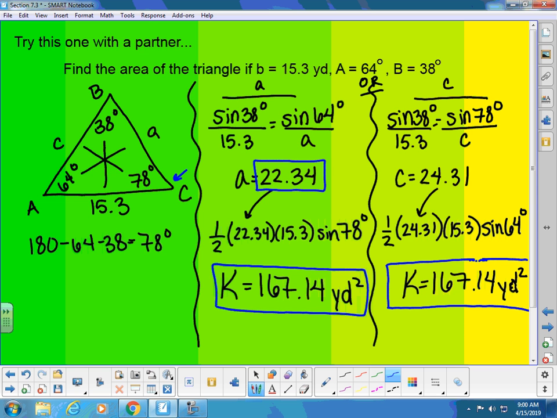If you solved for side C, you should have 24.31, and then you used this corner of your triangle to solve for the area. All right, so take a minute, check your answers, correct anything you need to here, and then when you're ready, let the video continue to play. We've got one last formula and example on the next page.